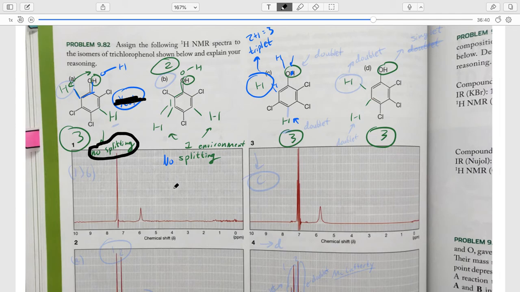We'll just go with that. Yeah, 3 would count as well, for sure. So if we had a hydrogen right here, instead of it attached to another R group, that would cause splitting.